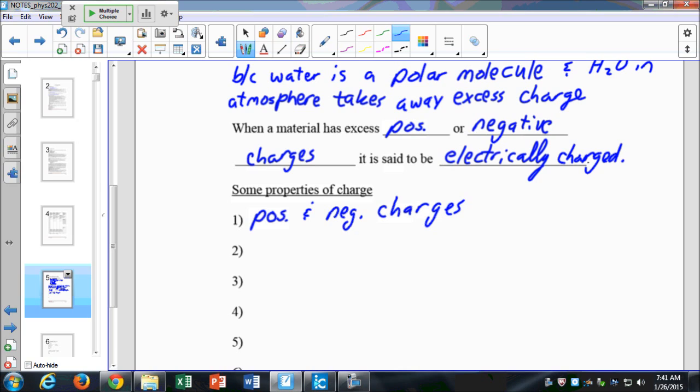As Harley said, our positive charges are tightly bound in that nucleus with the neutrons, and negative charges orbit around the nucleus. Like charges will repel. This will become important when we deal with Coulomb's law. Opposite charges will attract.